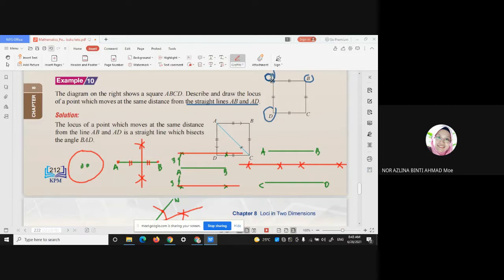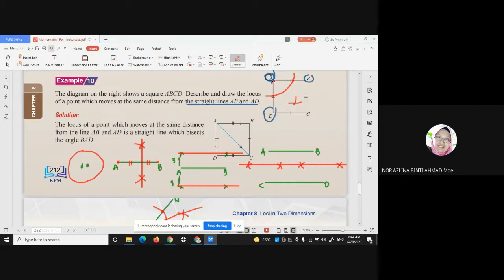So for this example, back to this example. Draw the locus of a point which moves at the same distance from the straight lines AB and AD. We have the intersection point A, so this is step number 5. We draw the curve using compasses from point A. Then from this point, draw another curve up, and from this point also down.